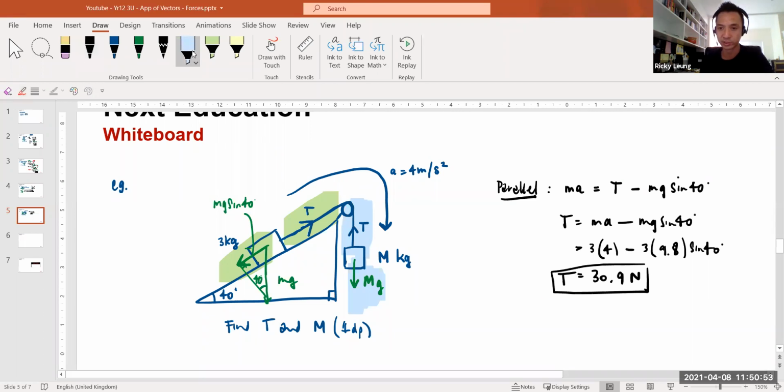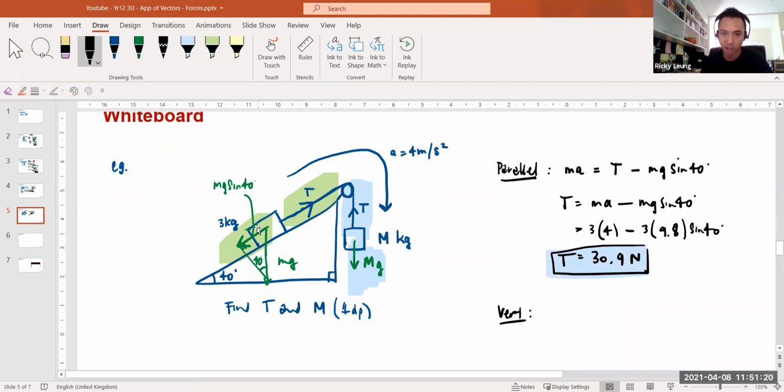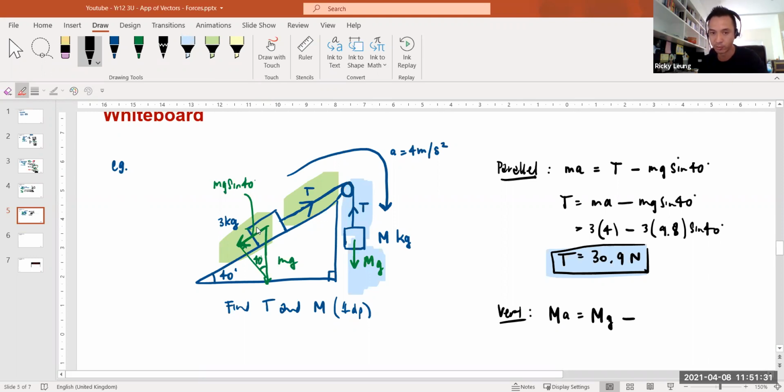Pretty easy, right? Once you understand that there is a net force, a net acceleration, that becomes your direction, which dictates which one's positive. T is positive, and the one going down, gravity parallel to the surface, is negative. Once you get T, let's look at the box. Vertically, there are no horizontal forces on here. Vertically, MA is pointing downwards, so capital MA equals capital Mg minus tension.